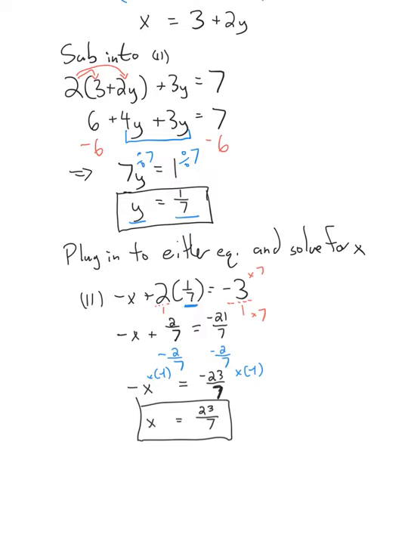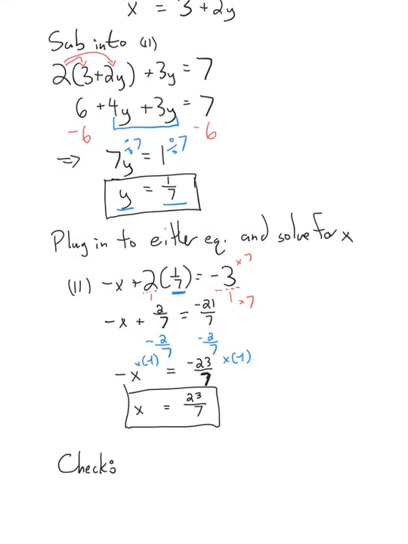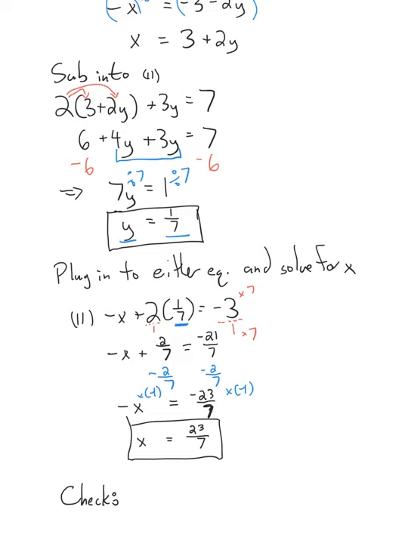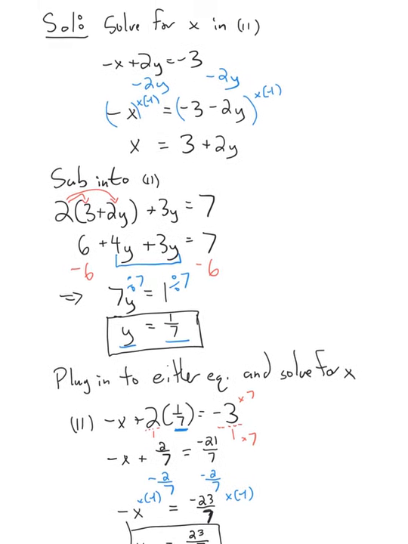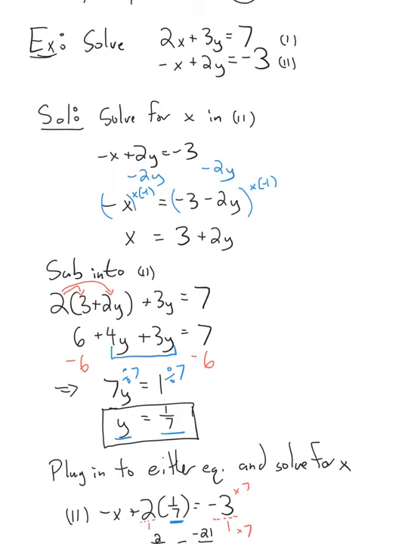All right. And let's check this. It's always a good idea to check, make sure we didn't make a mistake. So let's plug it in to the other equation. And that equation is 2x plus 3y equals 7.